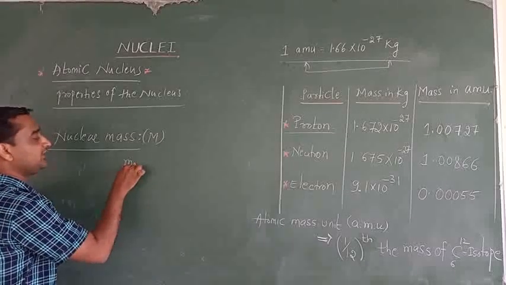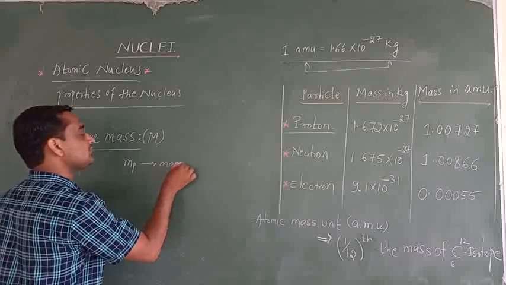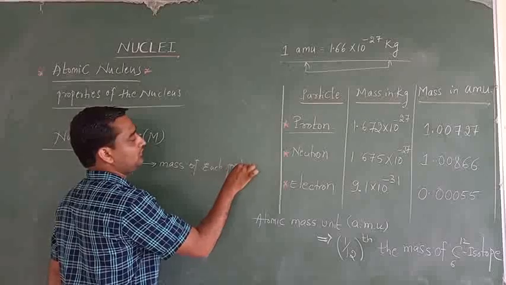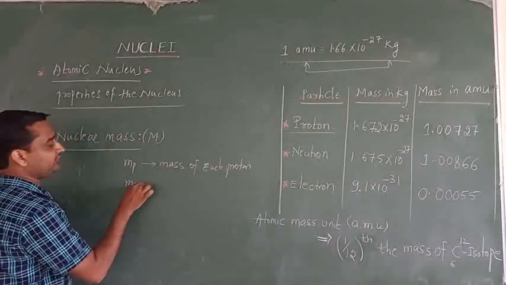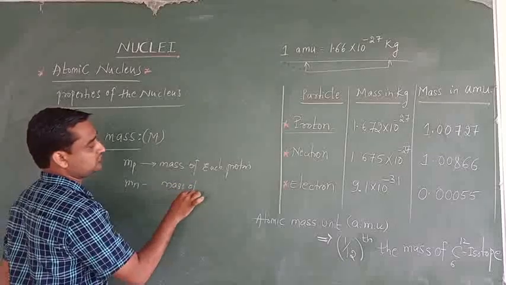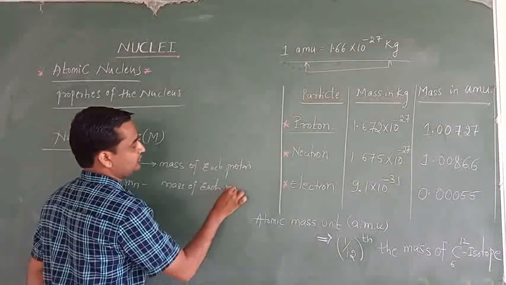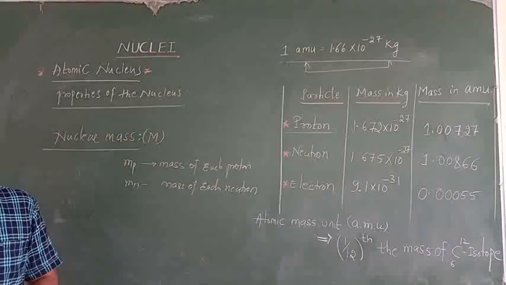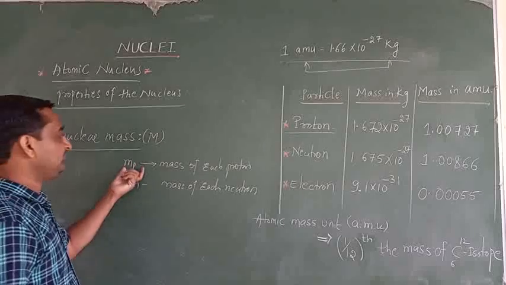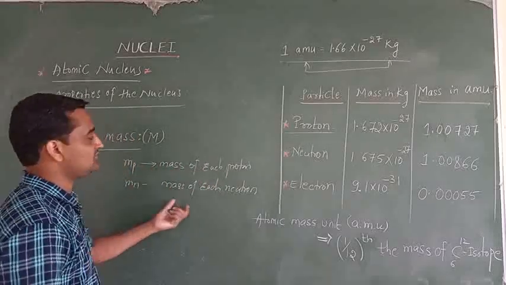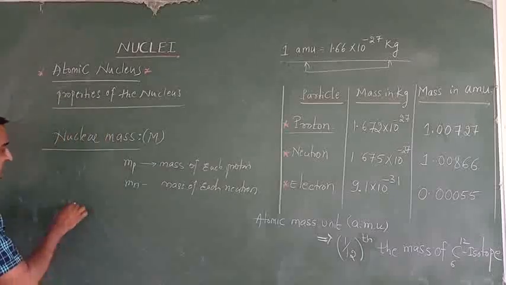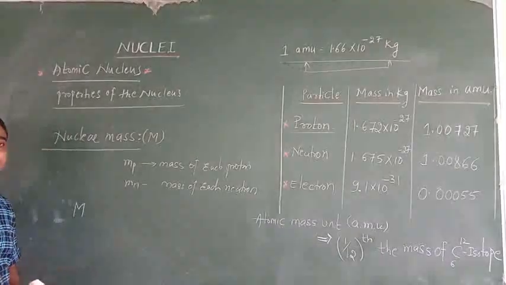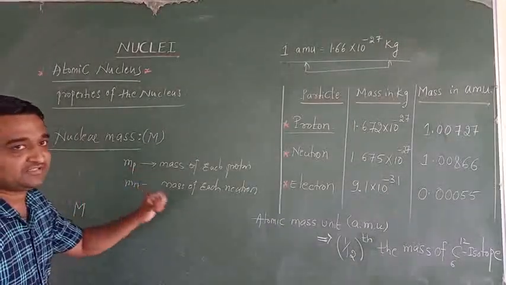If Mp is the mass of each proton and Mn is the mass of each neutron, then the total mass of the nucleus is equal to the sum of the masses of the protons and neutrons.